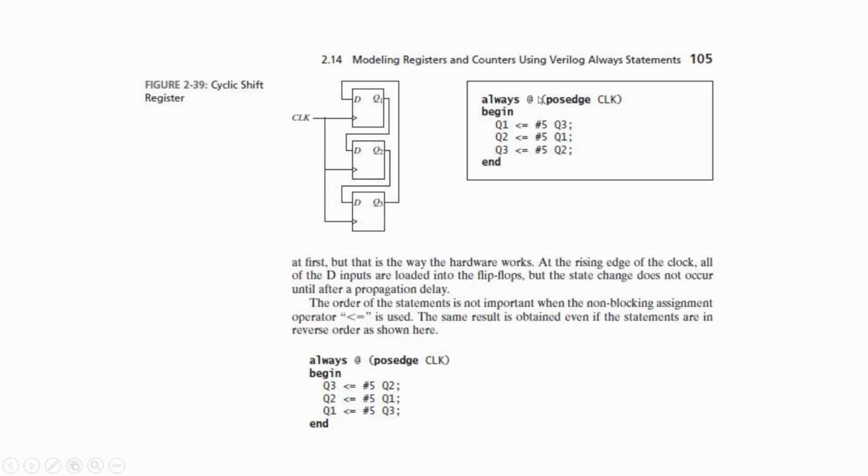We use this always block to model the data flow, and this is a cyclic shift register. This figure 2.39 is a cyclic shift register, and we are using a non-blocking assignment operator. So that is about it.